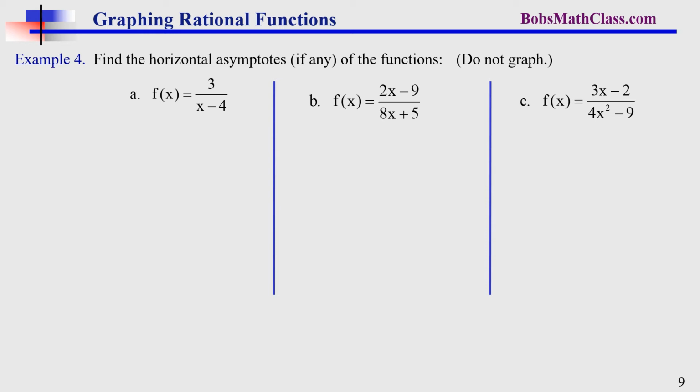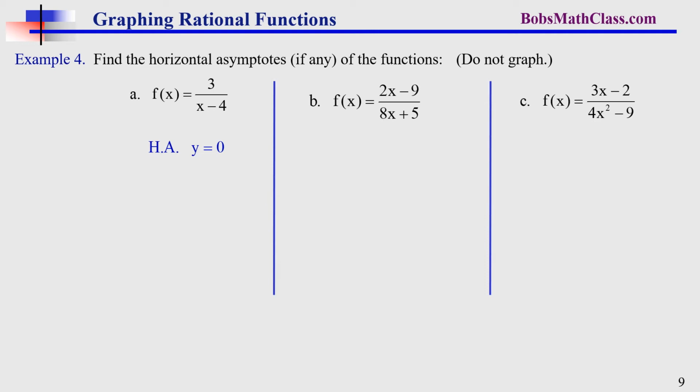The degree of the denominator is 1 because there is an x. So the degree of the numerator is less than the degree of the denominator, so it's automatically y equals 0. If there's less x's on top, it's 0. If they're the same, it's leading coefficients.